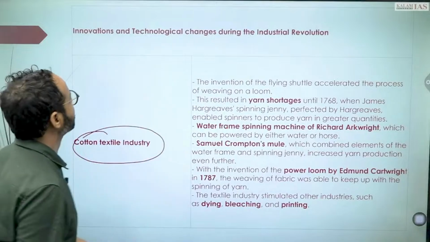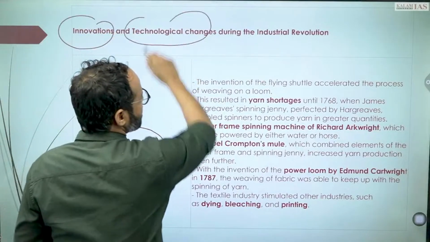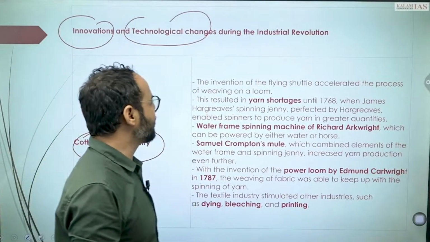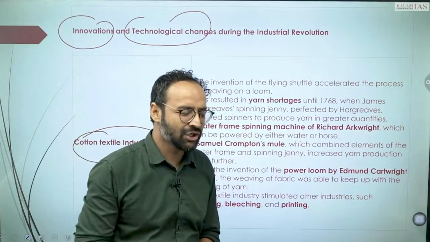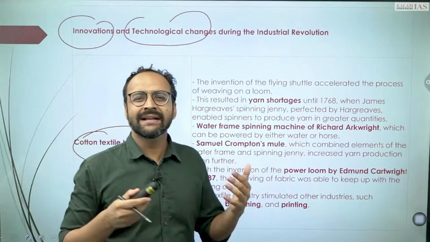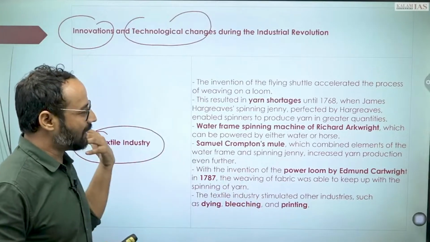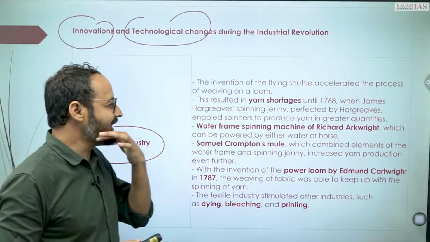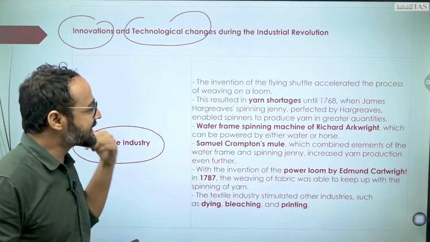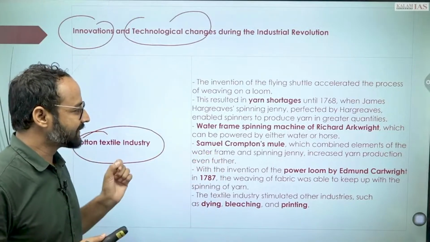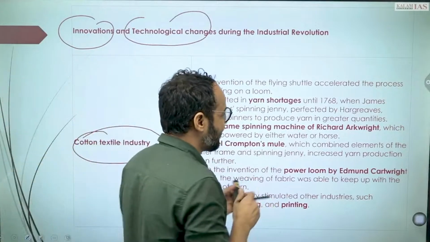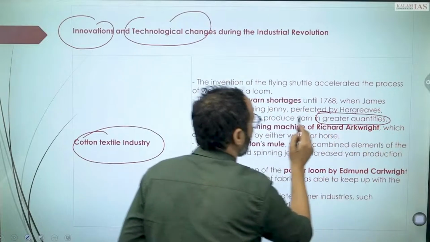Cotton textile industry. What are the innovations and technological changes? Let's reiterate that the invention of the flying shuttle accelerated the process of weaving; the loom, which earlier was done by hand, is now being done by machines at scale. This resulted in yarn shortages until 1768, when James Hargreaves's spinning jenny, which I just showed you the picture of, enabled spinners to produce yarn in greater quantity.